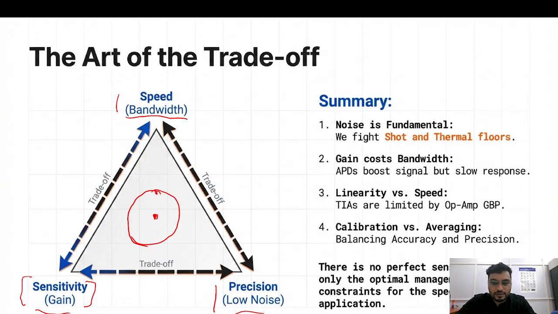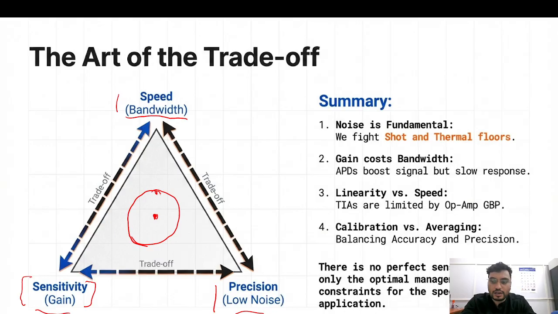In summary, I would say that noise is fundamental. We need to fight with noise and thermal flow. I told you how to reduce noise, and thermal flow can be reduced with accumulation, or collecting more number of times.